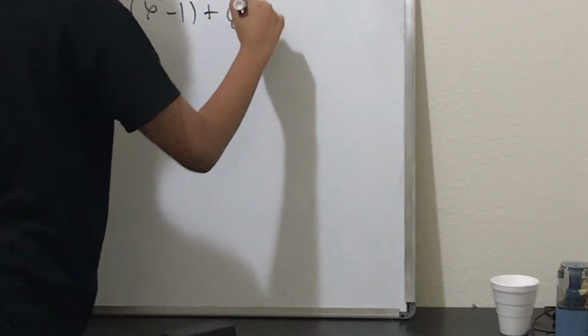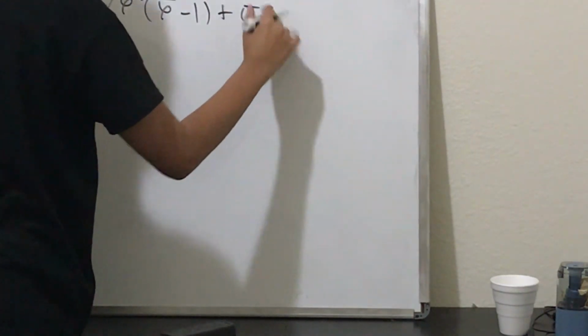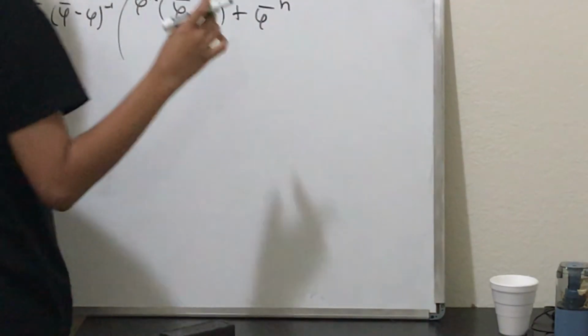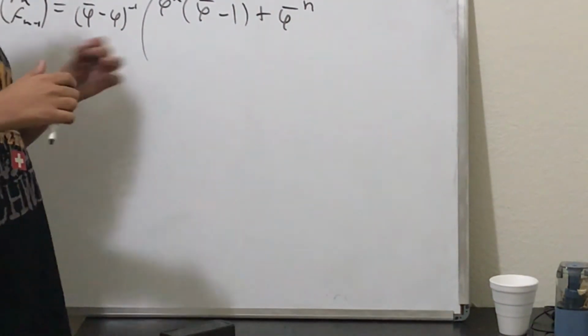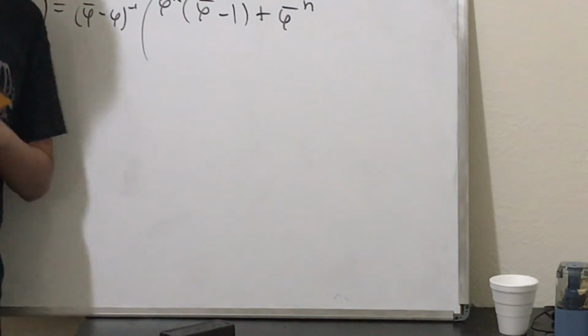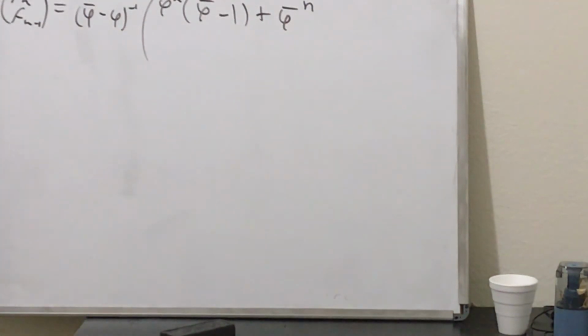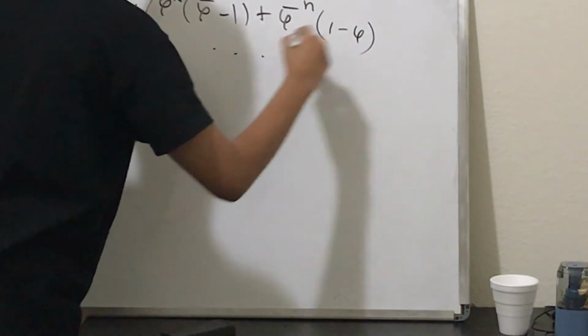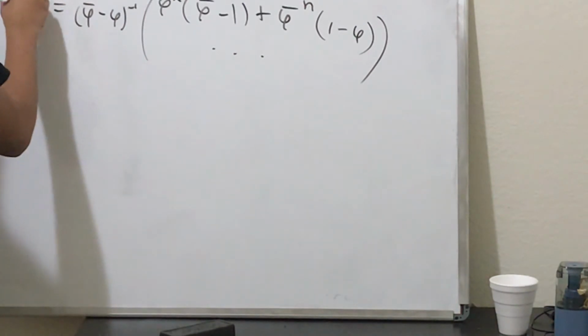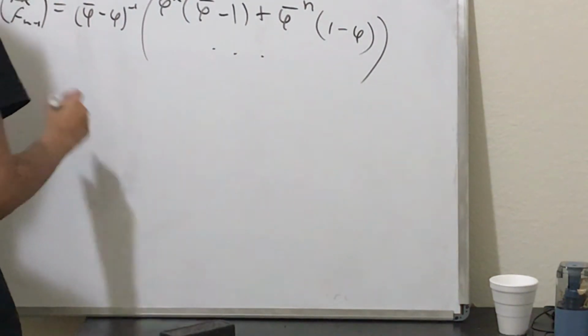And the reason why I'm using phi and not the actual (1 plus root 5) over 2 is because I like it in this form better. And then there's something down here that doesn't matter since we only care about the top row, because we only care about f of n.